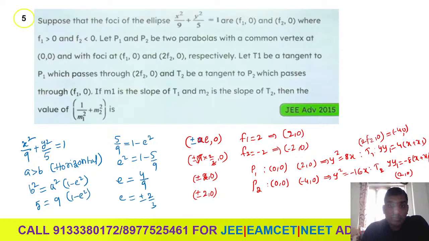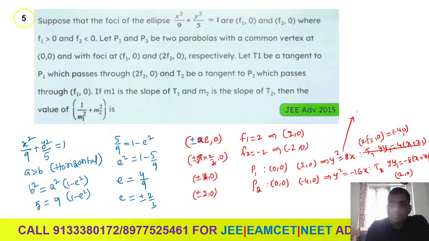If m1 is the slope of T1 and m2 is the slope of T2, then find the value of 1 by m1 square plus m2 square. They are asking for the slopes m1 and m2, so the slope form is compulsory. Instead of the point form, let us write the slope form.